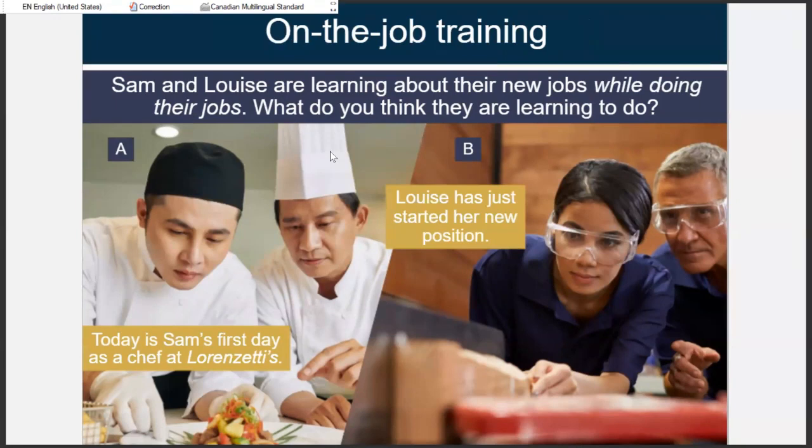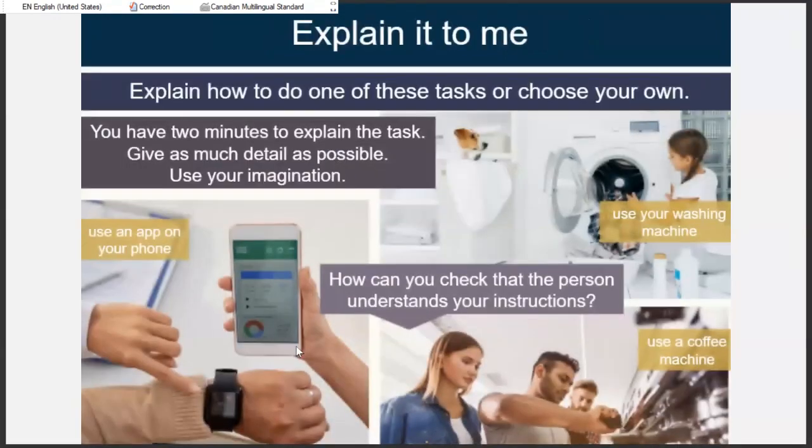But as you can see, she's wearing the gear and the uniform, she's putting her hair updo. So she's also learning a new skill. This is just an example of cases that need explanations.